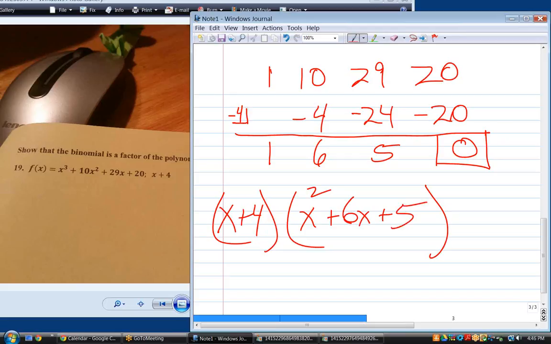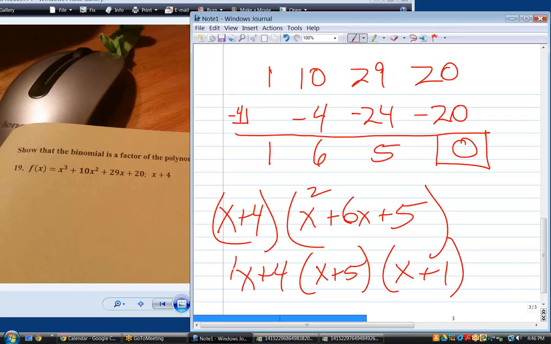So there's 2 factors of that cubic. It's not fully factored because this one actually factors into x plus 5 times x plus 1. So to fully factor that cubic, we would have to do that.